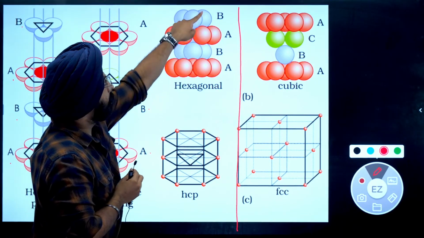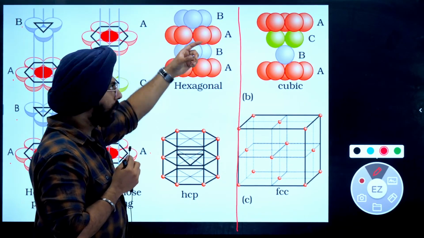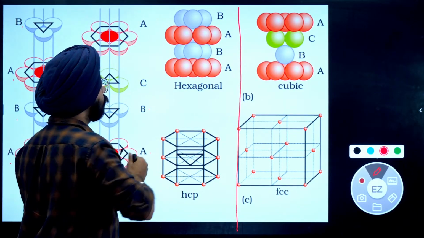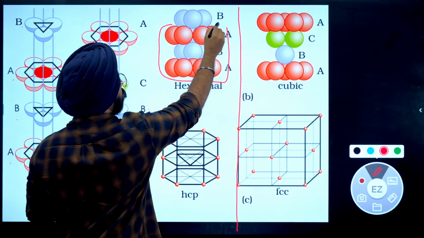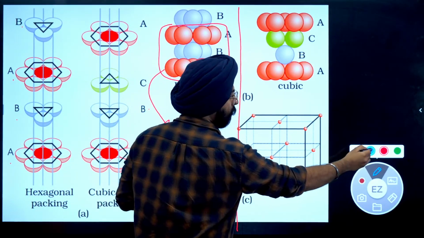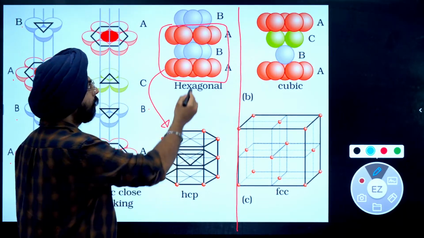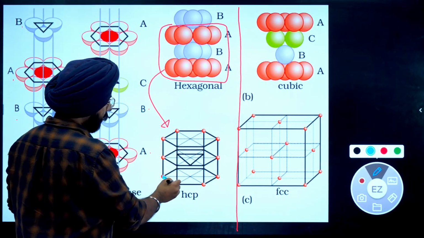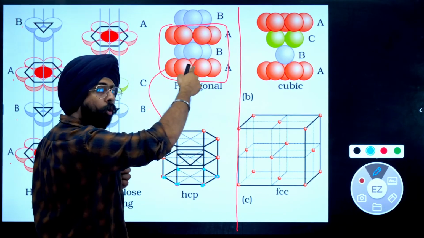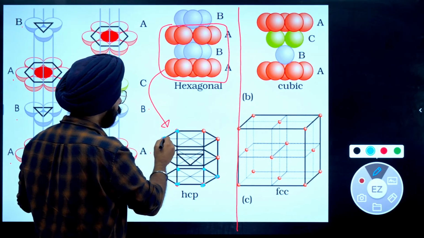One case of AB kind of packing you can very easily see over here. It forms a very nice hexagonal structure, right? Can you see? If I just take this much, can you see this unit cell being formed? Of the bottom layer A, these are the atoms. Of the top layer A, these are the atoms.